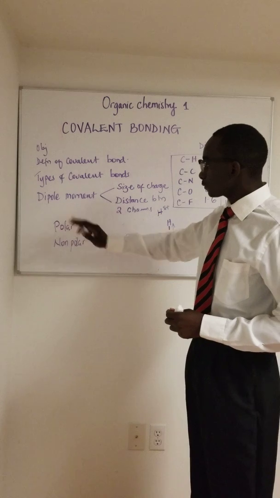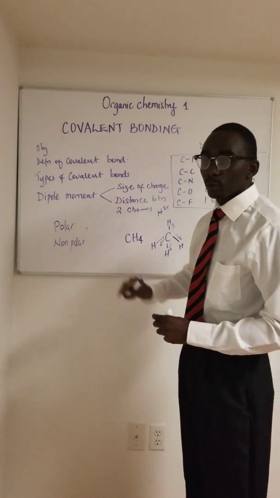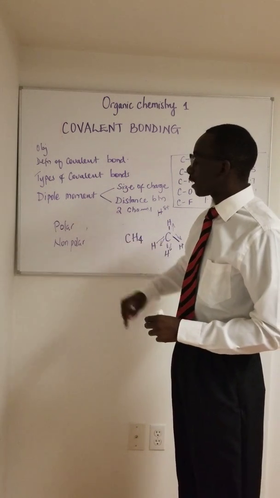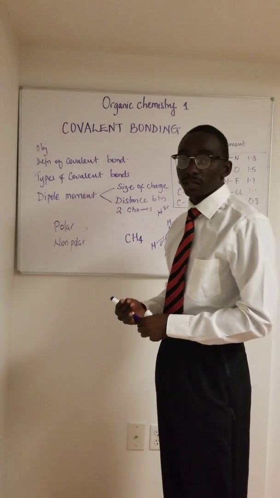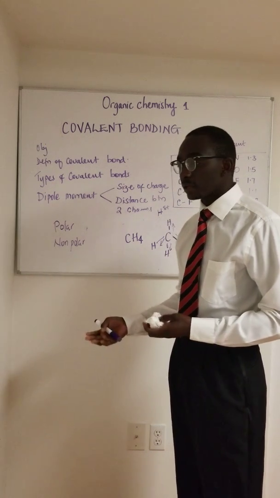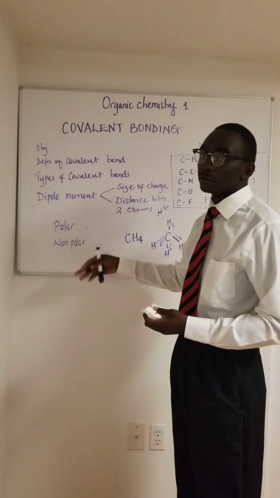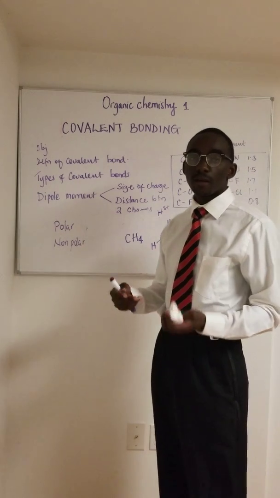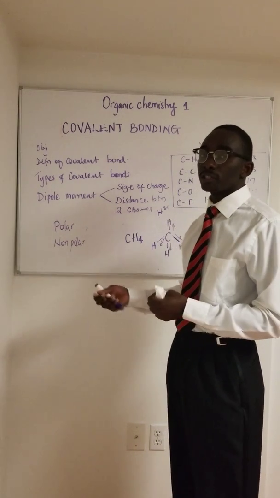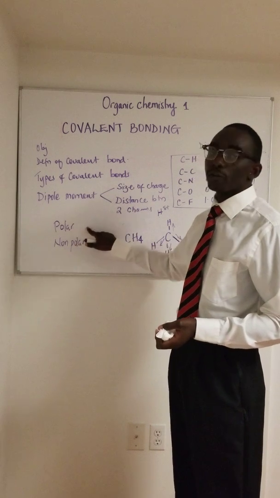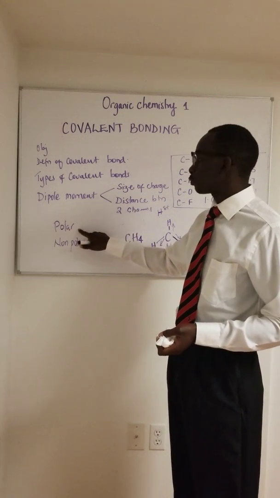So to review, polar molecules always have one electronegative element that pulls electrons towards itself, resulting in the formation of partial charges, negative and positive. That qualifies the molecule to be polar.